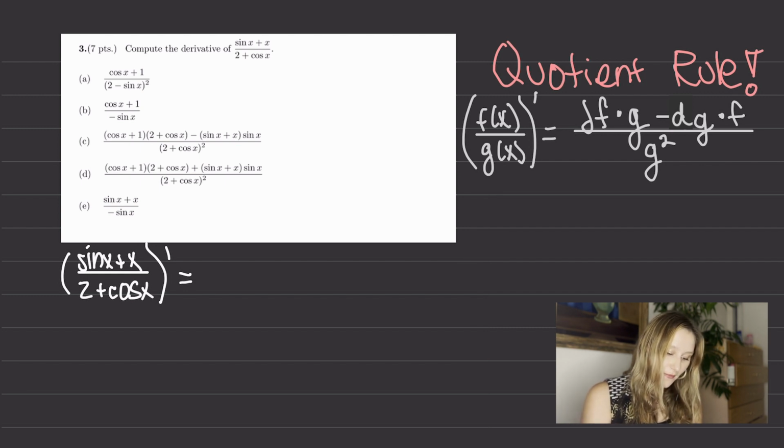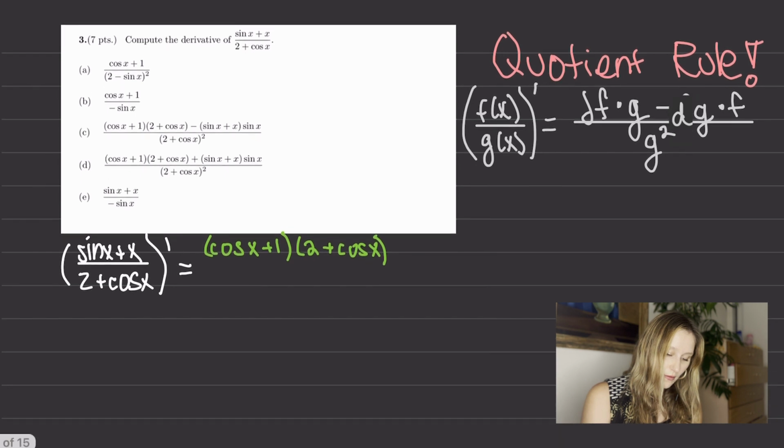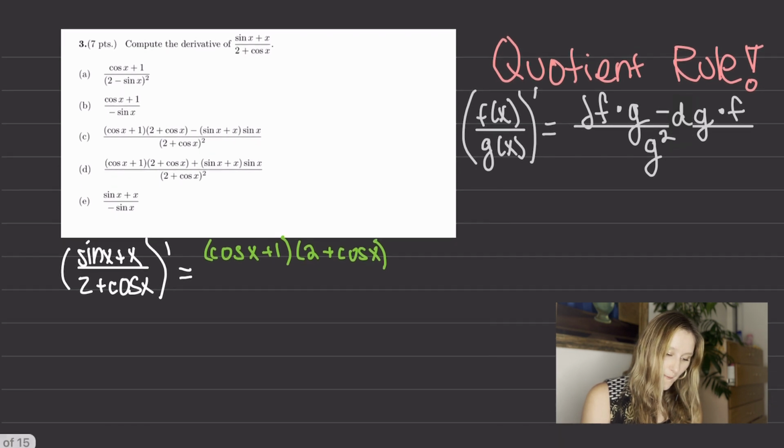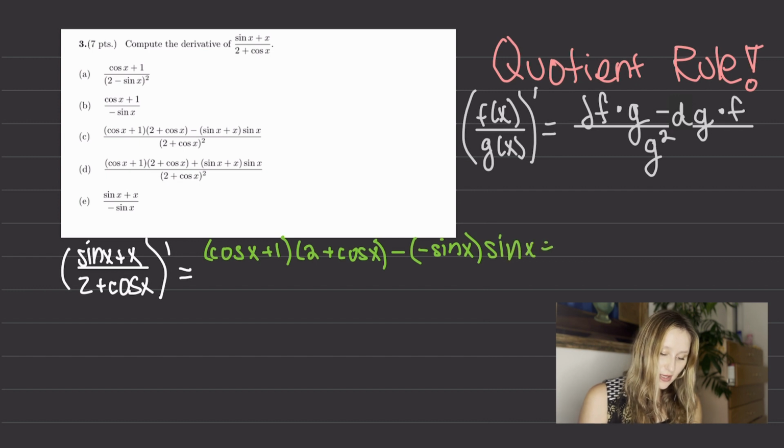Okay, d top, that's gonna be cosine x plus 1 times the bottom minus derivative of the bottom, which is just going to be minus sine x times the top, which is sine x plus x.